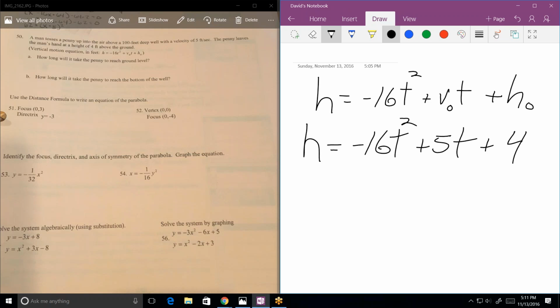It's asking how long it takes to reach ground level, where h is 0. h is the height of the penny at any point in time, and ground level is a height of 0. So if I plug in 0 for h, I can solve when it will be at ground level.